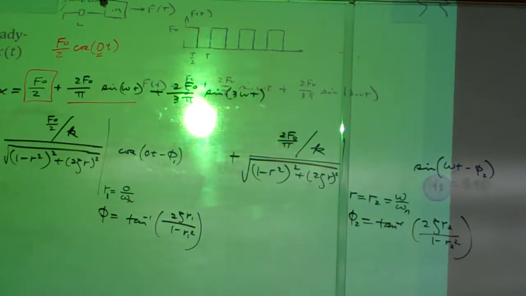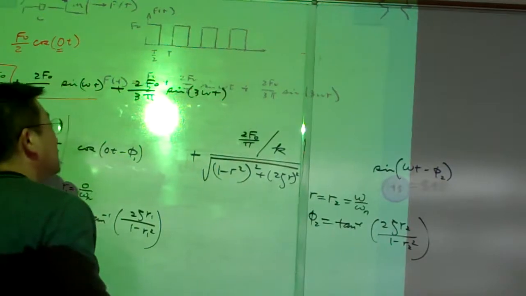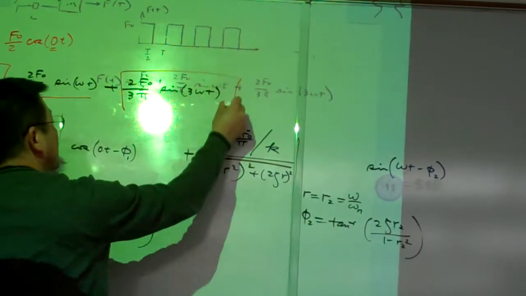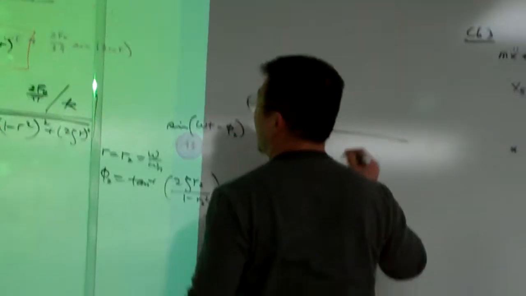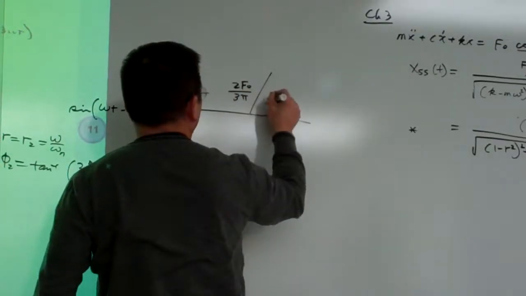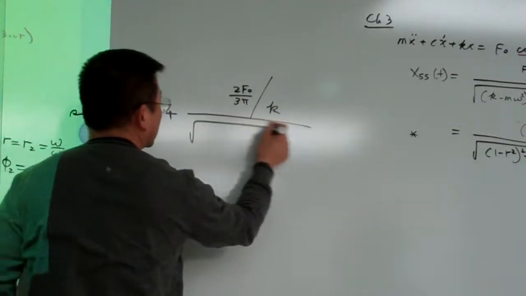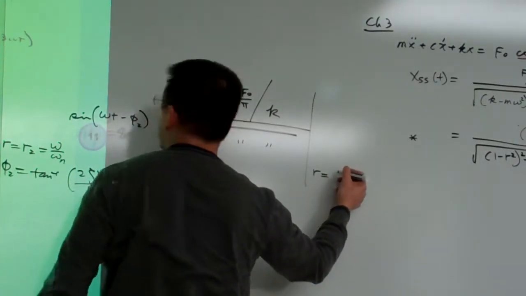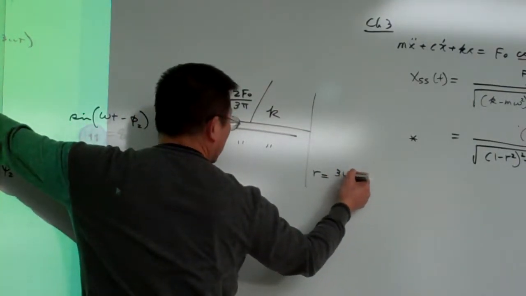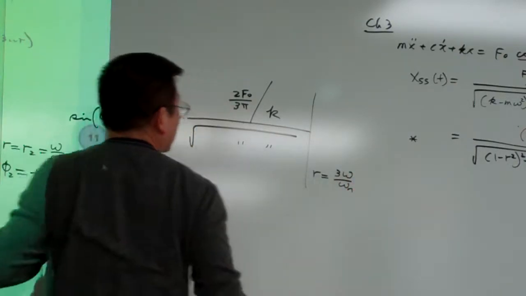And then plus the final one, the response to this term. The magnitude is 2F0 divided by 3 pi, divided by the spring constant. Basically the same thing. R will be equal to the working frequency 3 omega divided by omega n.